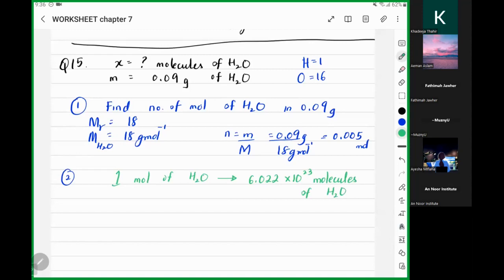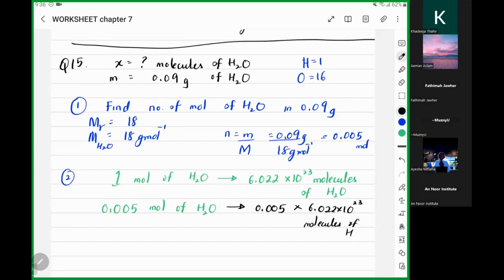I have explained that. 1 mole is a number, 6.022 into 10 to the power 23. So if 1 mole has that many, 0.005 mole of H2O will be 0.005 into this, no? Isn't it? Yeah. So you can leave it like this.